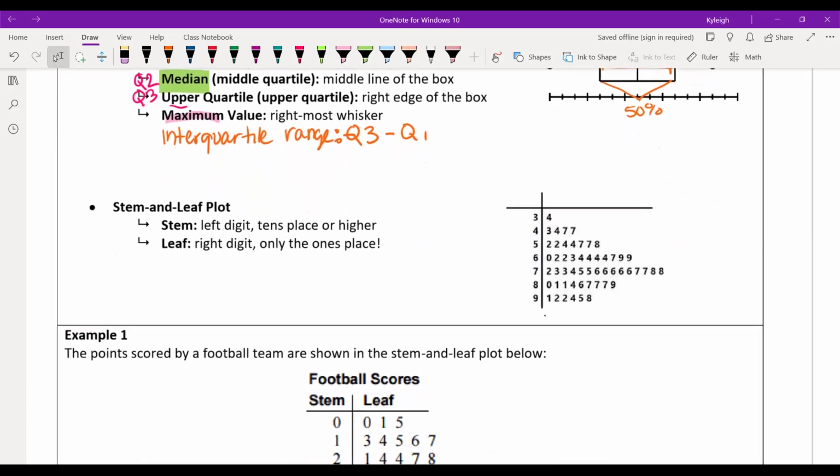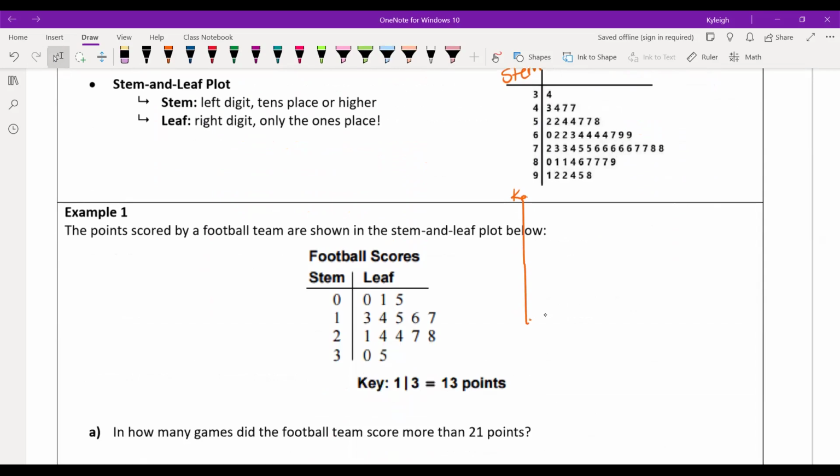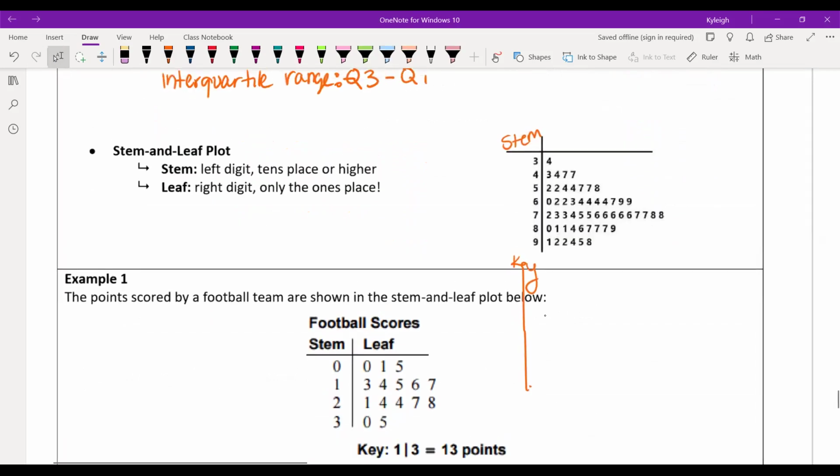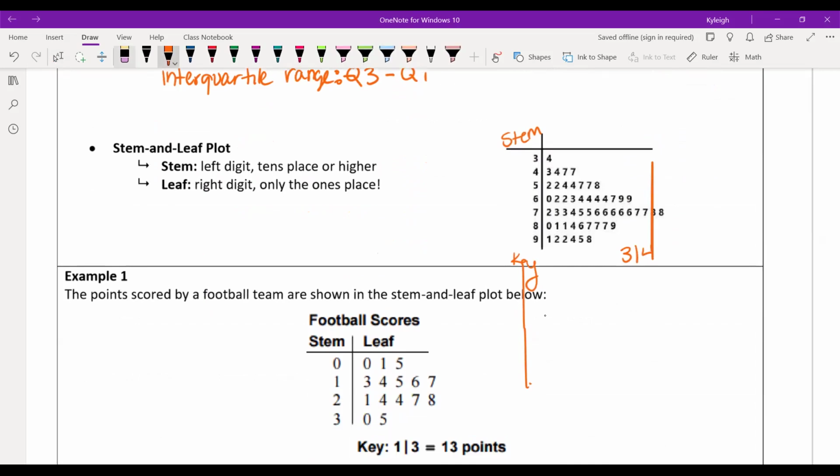Stem and leaf plots, this is the stem. You have to look at the key. Normally there's a key that says like 3, 4, this first one is actually written as 34 if it's in the tens place. Sometimes it might be like 3,400 or something, so you know how much it's actually worth.